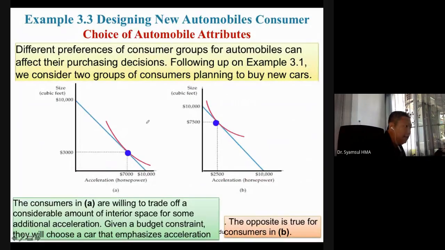The consumers in A are willing to trade off a considerable amount of interior space for some additional acceleration. Given the budget constraint, they will choose a car that emphasizes acceleration. So this is where they choose. You have the utility function for the Ford Mustang.